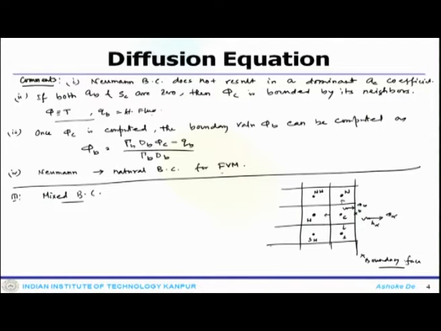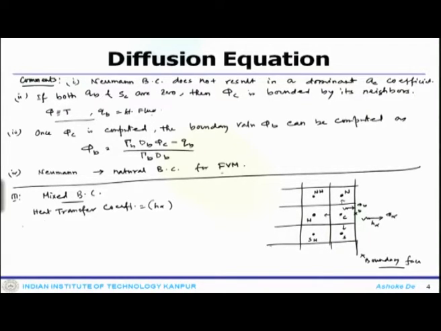Now, again the condition here is specified to the mixed condition. So, you have some sort of a heat transfer coefficient or convective heat transfer coefficient specified, which is based on H infinity.